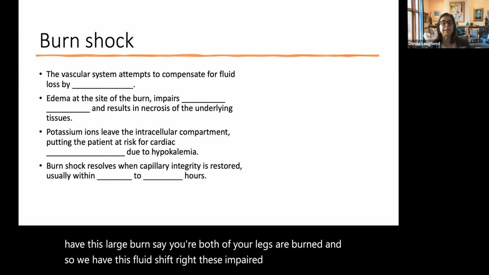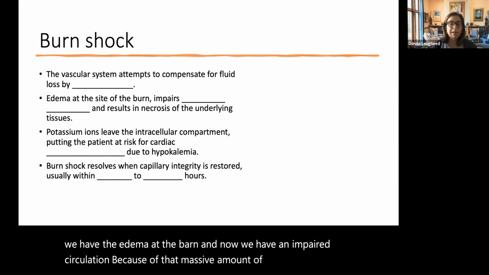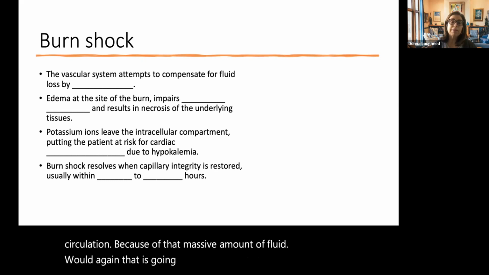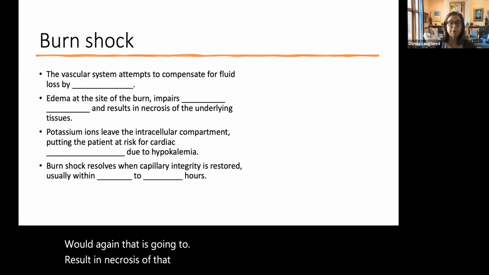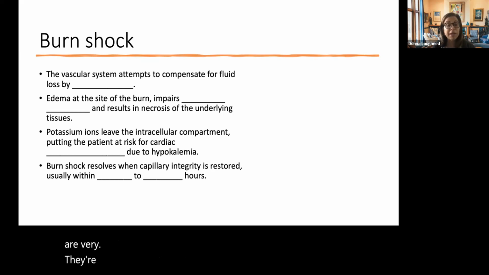Now we have the edema at the burn, and now we have impaired circulation because of that massive amount of fluid. That is going to result in necrosis of the underlying tissue. That's why burns are very high risk for infection and skin impairment.